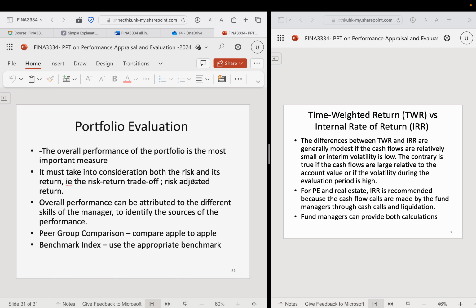So if you go from 100 to 110, you make 10%, and then the performance fee will be 1%. So the client's performance is 109.